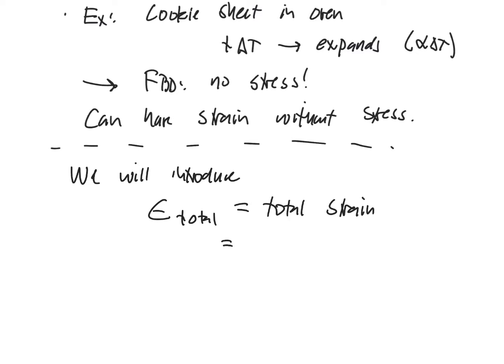And we're going to use a phrasing that I think is extremely useful. We'll call this what we see and measure. In other words, if we go into an experimental system and we have a change in length over length or a change in angle, then that is what we're referring to as the total strain.